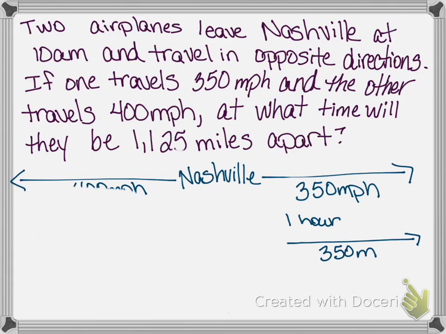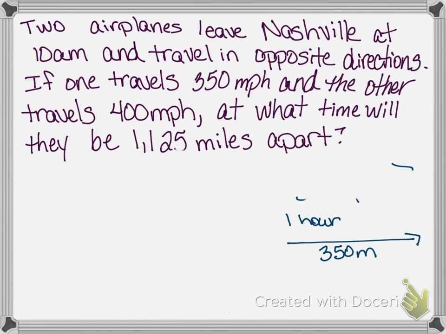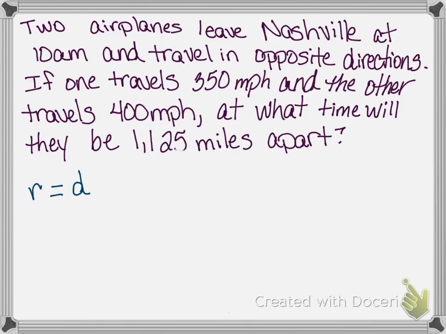So you will be given, or I will give you, a formula sheet. And the formula that you are going to use for this is rate equals distance divided by time. Now, a very close cousin of that is rate times time equals distance.